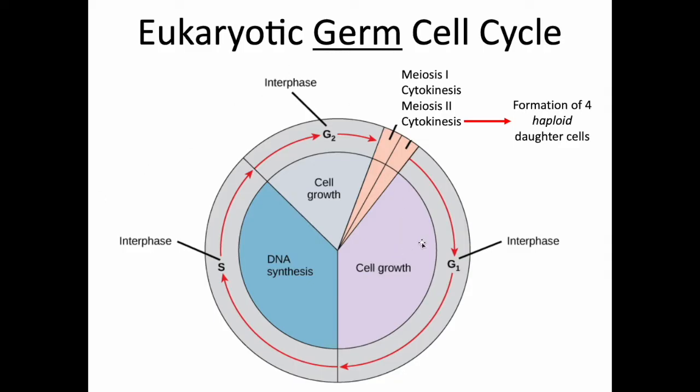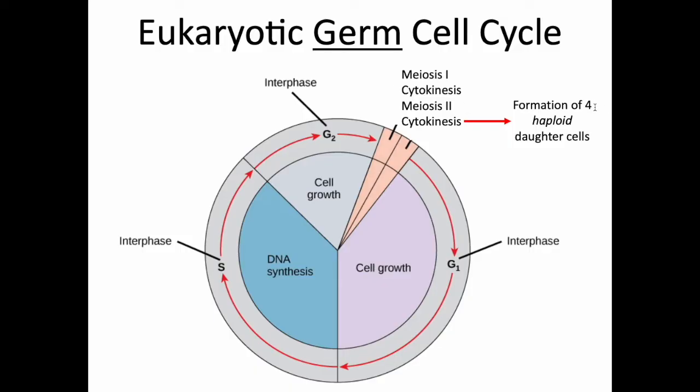We have G1, S, G2, and then we have meiosis 1, cytokinesis, meiosis 2, then another cytokinesis. And so obviously this is going to be a 2-step process. It's not just one division, it's 2 sets of divisions, 2 cytokineses.